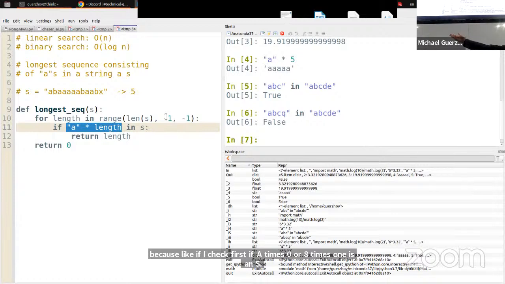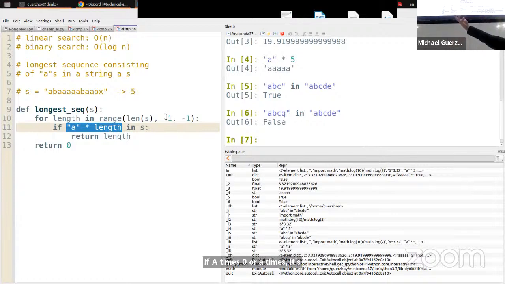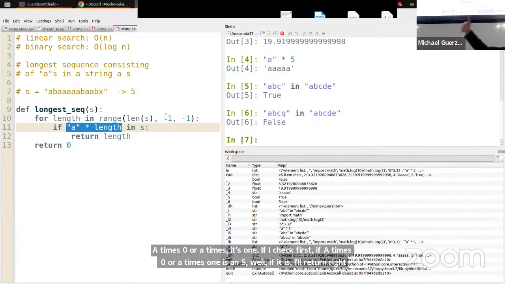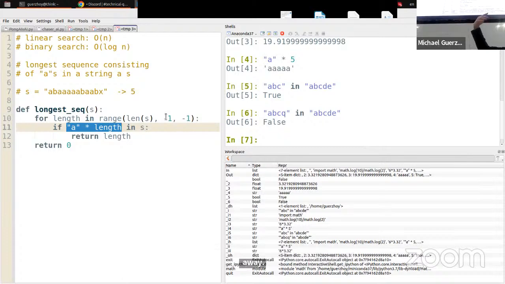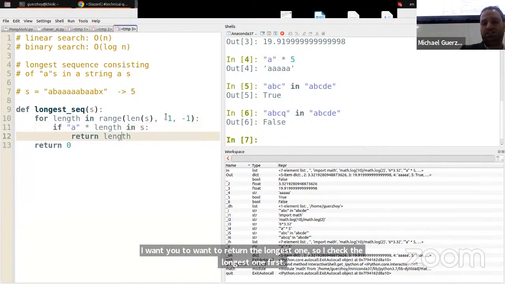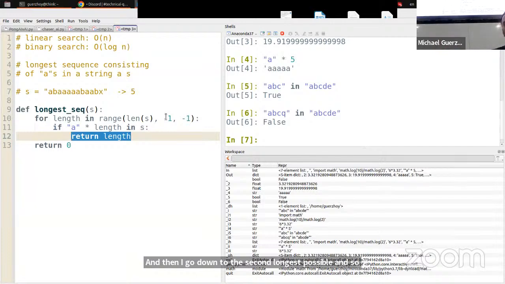What I want is to return the longest one, so I check the longest one first, and then I go down to the second longest possible, and so on. If I have something of length of S, I return that right away. If I have something of length of S minus one, I return that, and so on.